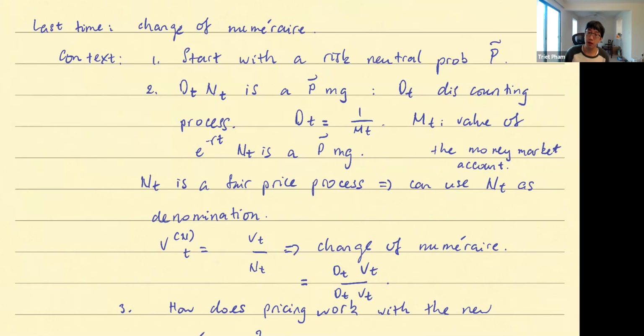In other words, the discounted value is a martingale. But cash doesn't satisfy that, because cash loses value. A $1 bill 50 years from now cannot be worth the same as $1 right now. I guess that fact is obvious.